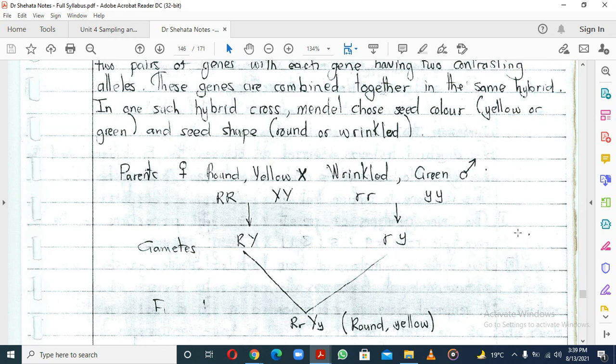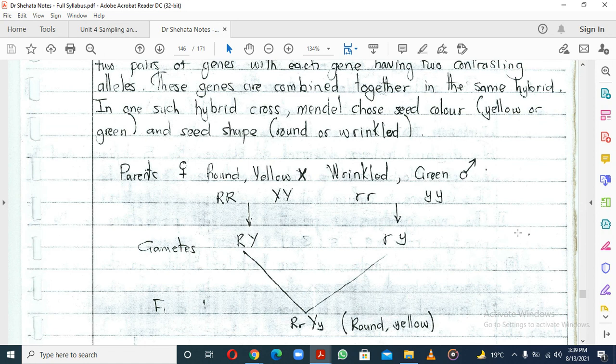Then again, for green, which is the seed color, the same thing that I've explained applies. So when you look at the different combinations, if you were to ask how these can combine, you look at the first parent on the left.